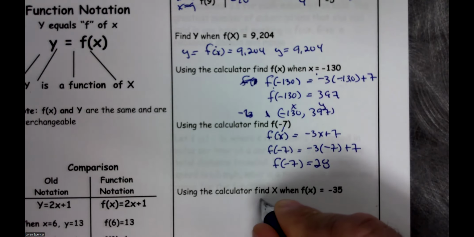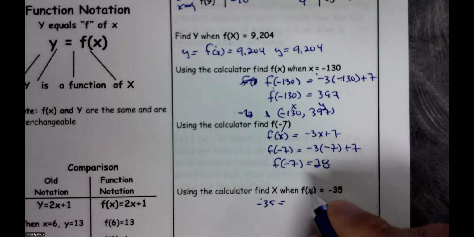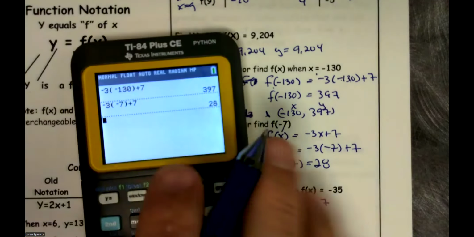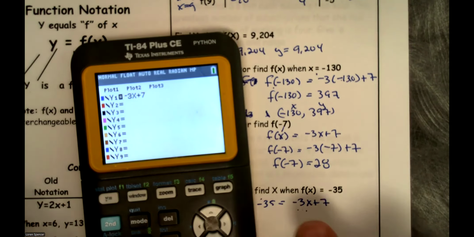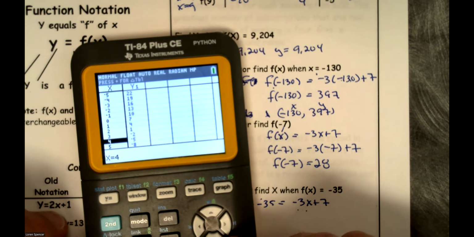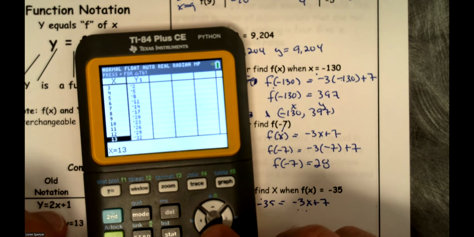All right? And then it says find x when f of X is -35. So they're saying -35 equals -3x plus 7. So I need to solve that. Or I can go to my calculator and go back to y equals, and I can go to the graph, and I can scroll till I get to -35.